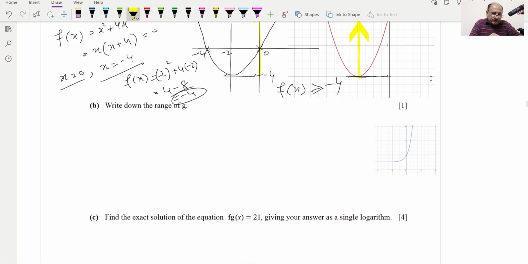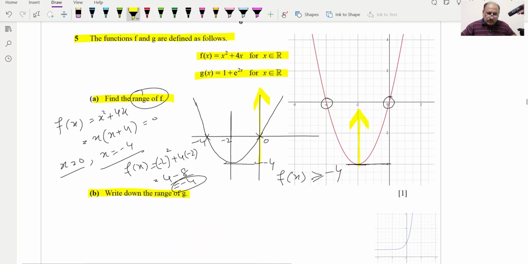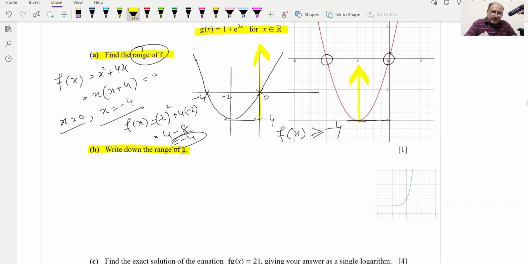Part b says write down the range of g of x. For g of x we have to sketch the curve. g of x is 1 plus e raised to the power 2x.